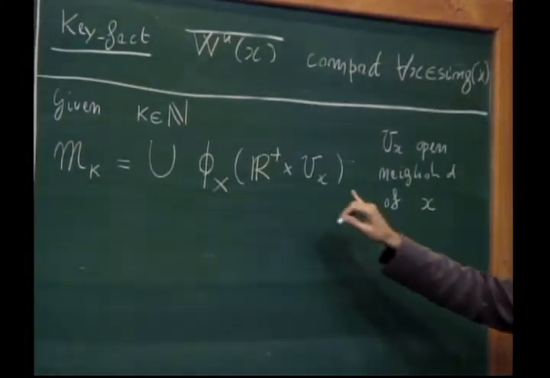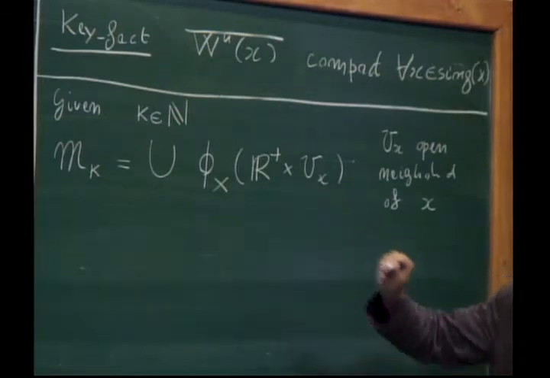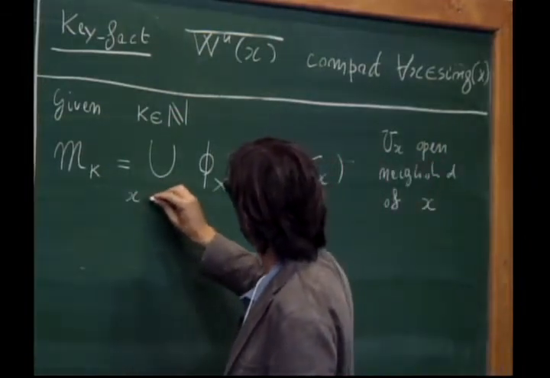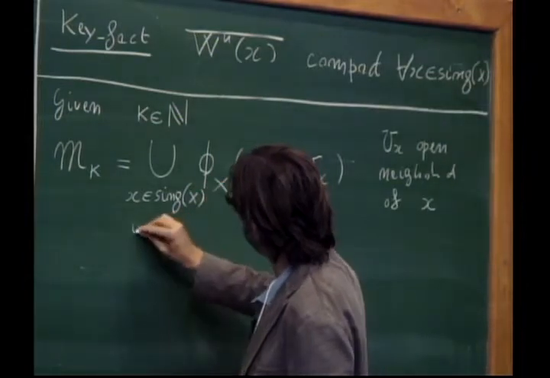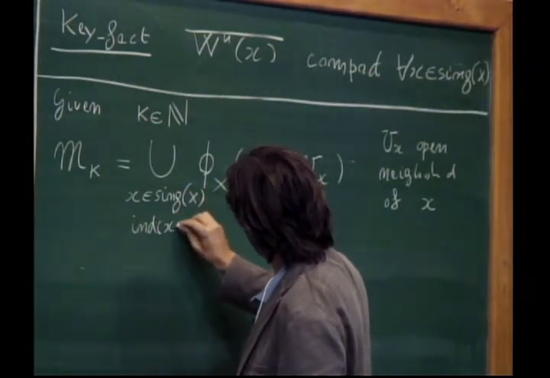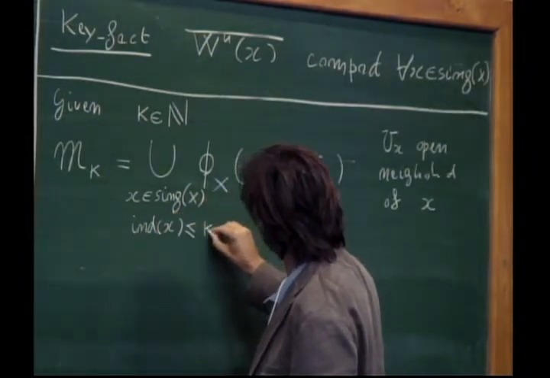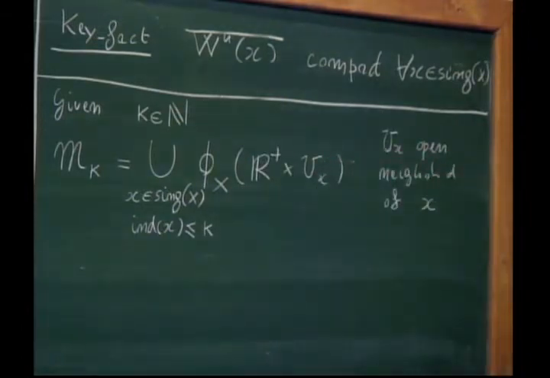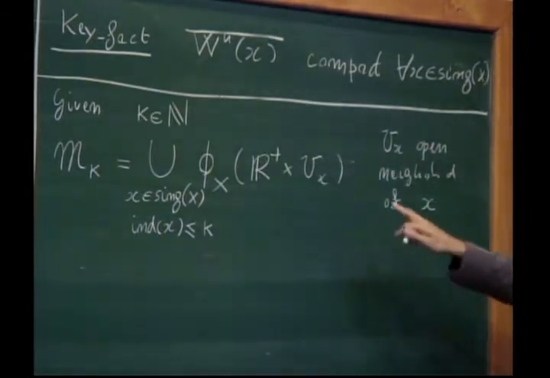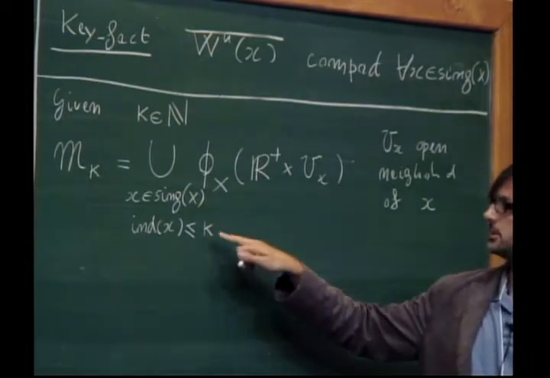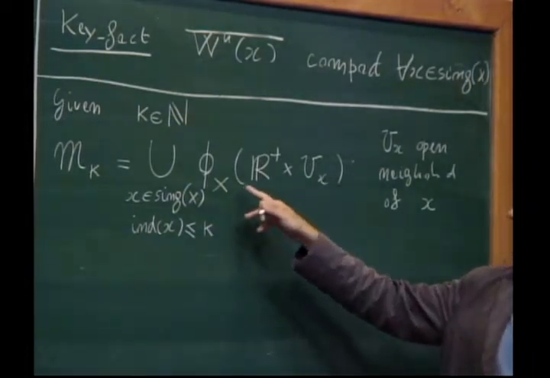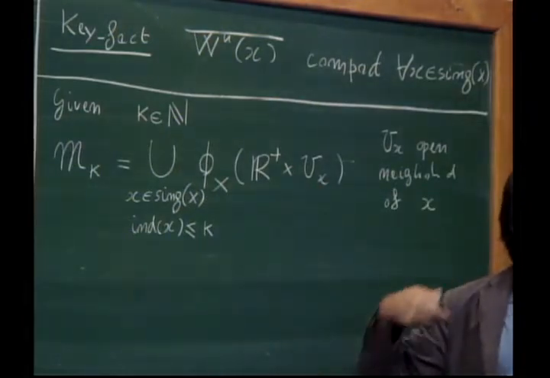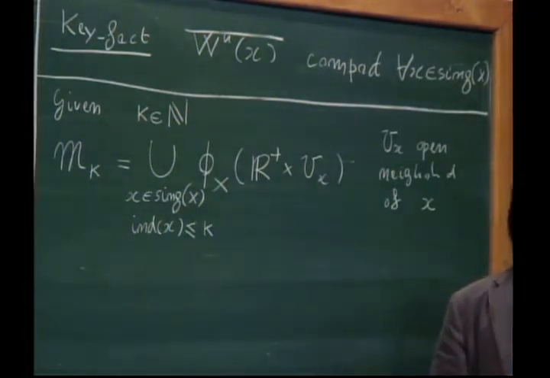And this union is taken over all singular points of Morse index less than or equal to k. Okay? You take small balls around all critical points with Morse index at most k, and you let them flow down with the vector field for positive time.